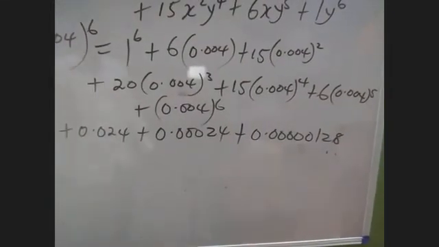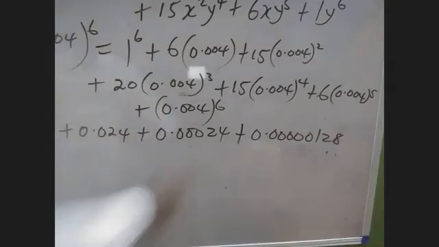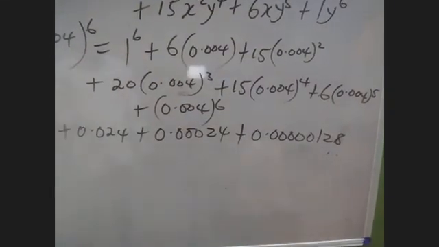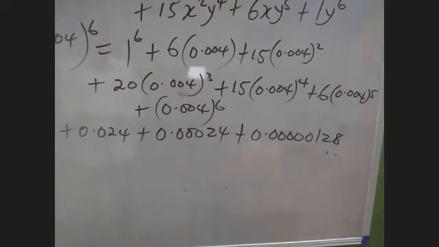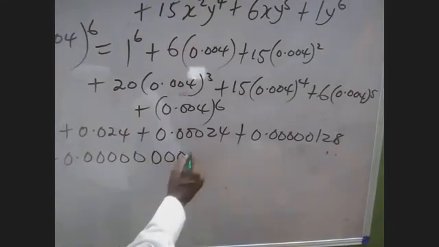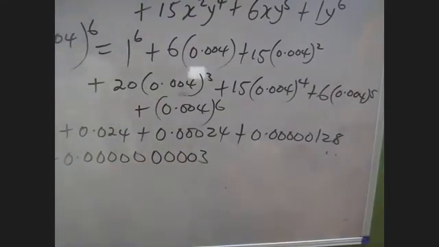Then the next thing is 0.004 raised to the power of 4 times 15. That will give you plus 0.00000384.